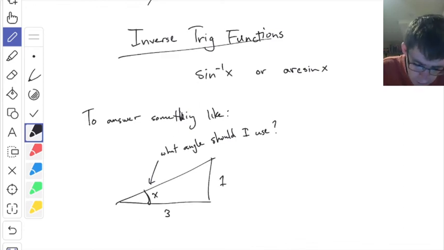And this is a right triangle, of course. What angle should it be? This is the classic scenario in which you want to use an inverse trig function.